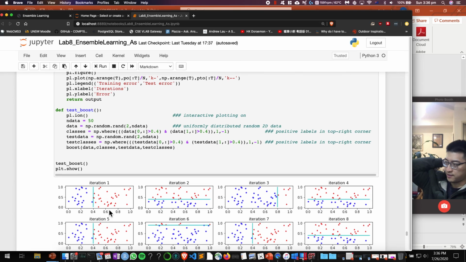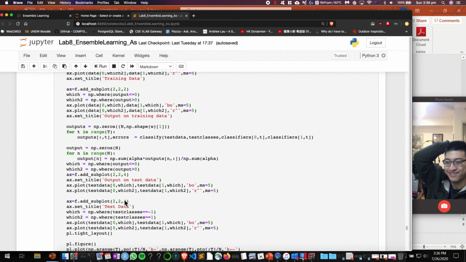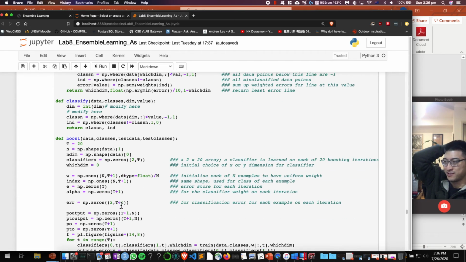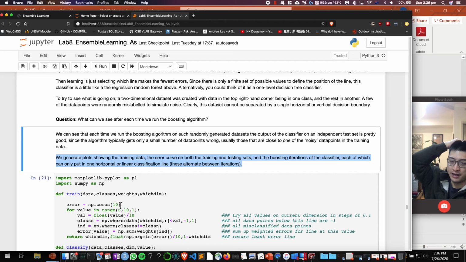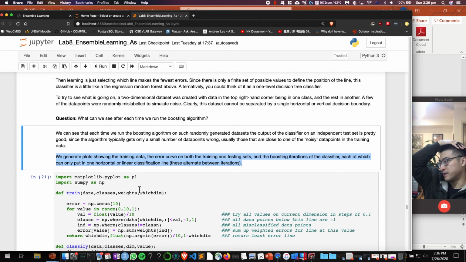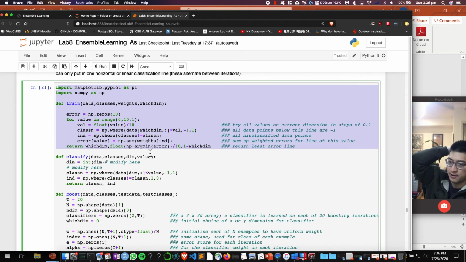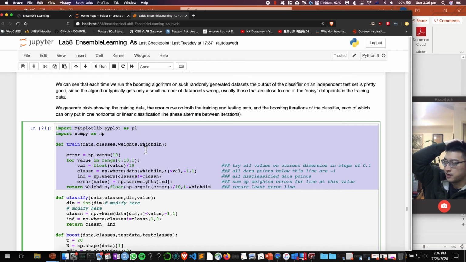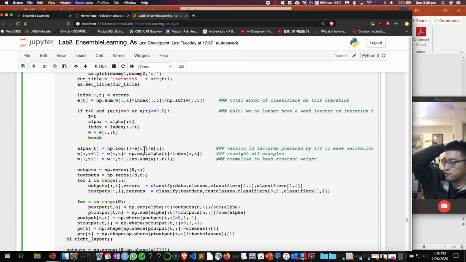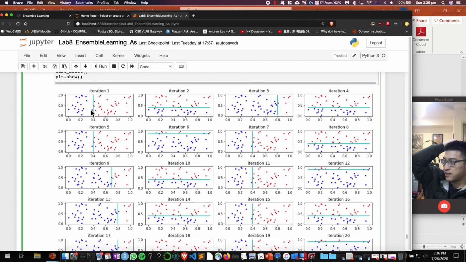It's only like two branches, right? Like this side or that side. So you can see that it splits using a straight horizontal or vertical line, depending on which feature it's splitting on. I won't get into the details of this one, but this is an AdaBoost model built from scratch, and we can see it in action here.